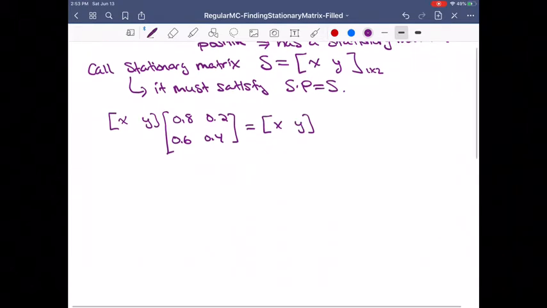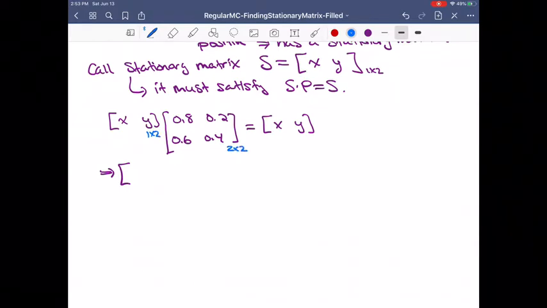So if I simplify the left-hand side, I do this multiplication: this is a 1 by 2, this is a 2 by 2, so I can do the multiplication, and I'm going to get a 1 by 2. I take this row times this column, that gives me this entry, which is going to be 0.8x plus 0.6y.